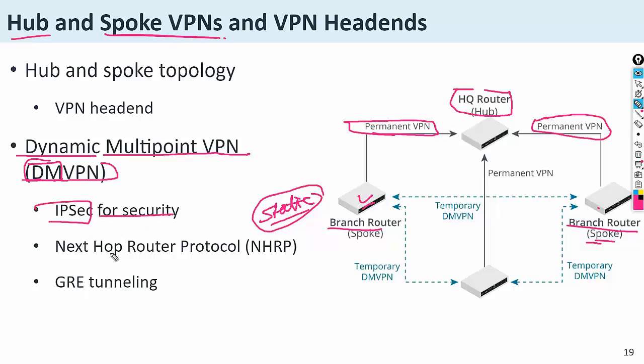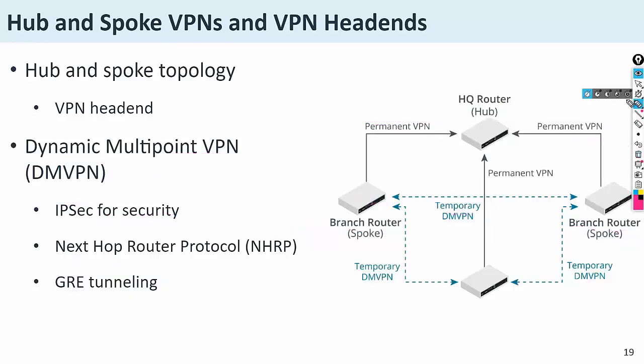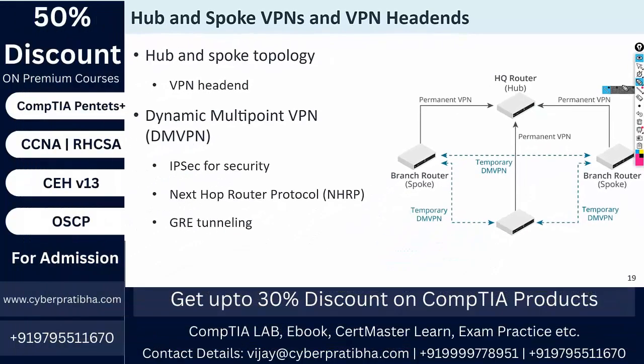IPSec is used for the security, Next Hop Resolution Protocol is used for transferring the data, and GRE is used for the tunneling. It is temporary, and it will be configured automatically when required. That is the main difference between dynamic multi-point VPN and the hub and spoke topology.